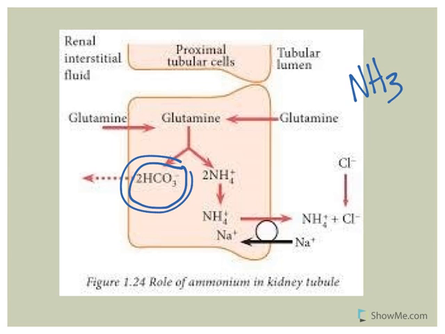One, we have generated new bicarbonate, because I need more bicarb to help buffer any excess hydrogen ions around. Two, it's allowing me to get rid of more hydrogen ions. It's acting as a buffer, tying that hydrogen ion up and allowing me to get rid of it in the body. It's technically more complicated than this, since it happens at every step along the nephron tubule, but this is an extremely important buffer system in the kidneys.